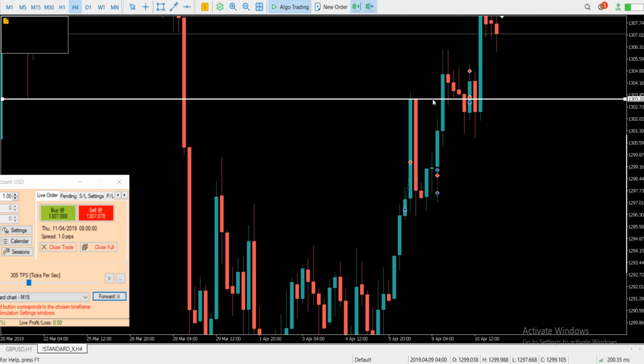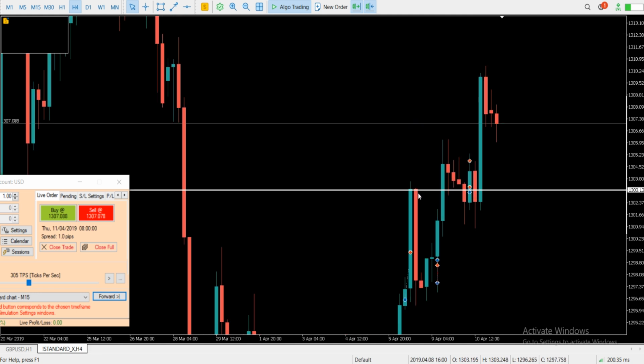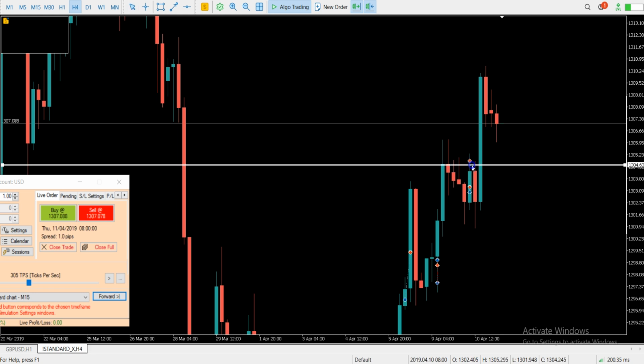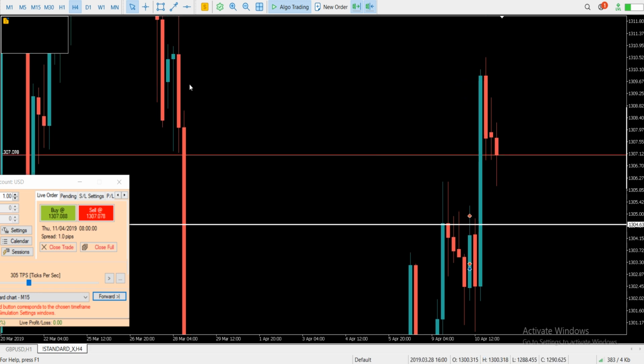Okay, we broke above this, we came down, I won't say it was an ideal retest, but still it came down to retest this area and then went up. Isn't there a chance that the next candle can wick up and then go down, retest this area? But the problem is the previous 4-hour candle closed with a big rejection. The size of the wick is bigger than the size of the body, so that's the rejection wick.